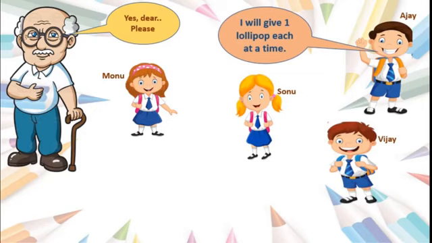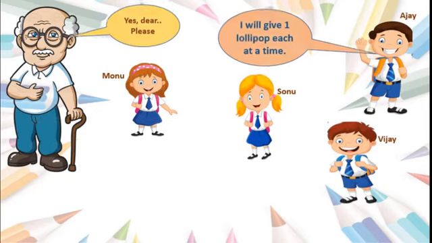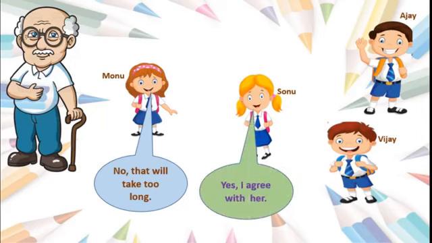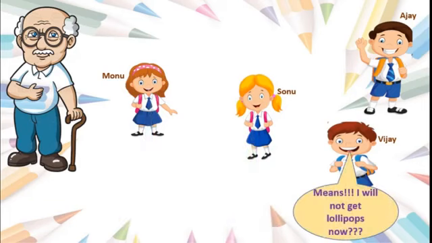Monu said, no, that will take too long. Sonu said, yes, I agree with Monu. It will take too much time to distribute. Vijay said, it means I will not get lollipops now. He became sad.